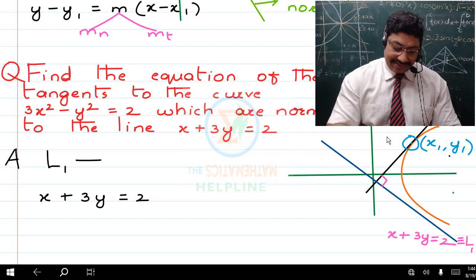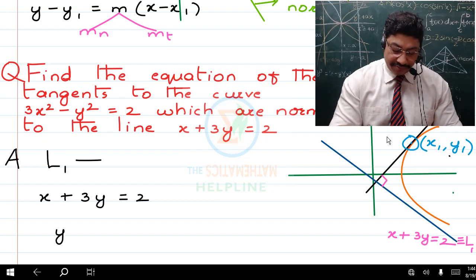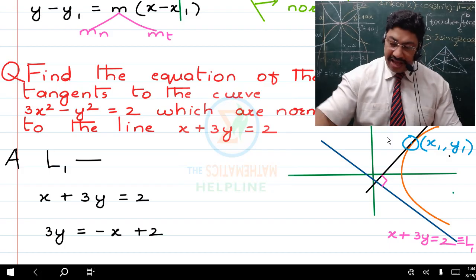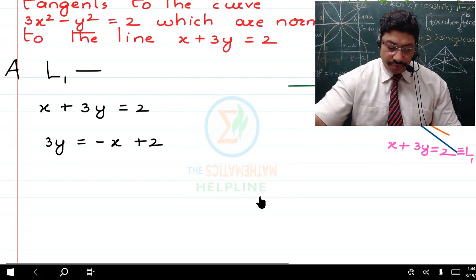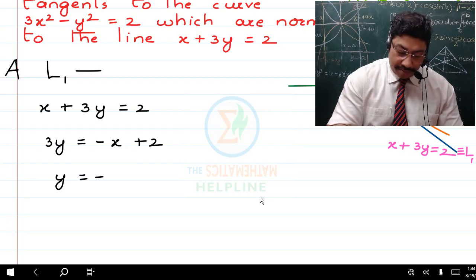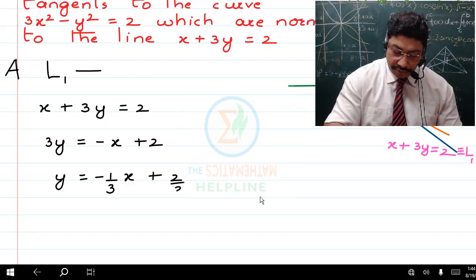As such, if we try making y the subject of the equation, we will have 3 times y equal to minus x plus 2. And further, in the next step, we can write this as y equal to minus 1 upon 3 times x plus 2 upon 3.